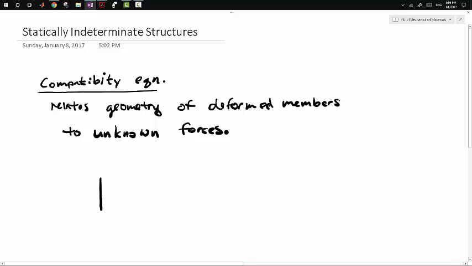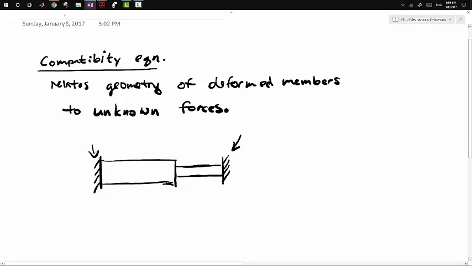So let's look at this figure here. Let's say we have a rod and a smaller rod that's connected to this rod, and they're in between two fixed supports. As I mentioned before, we can remove one of these fixed supports and the structure will still be stable, even if we had this cantilever beam.